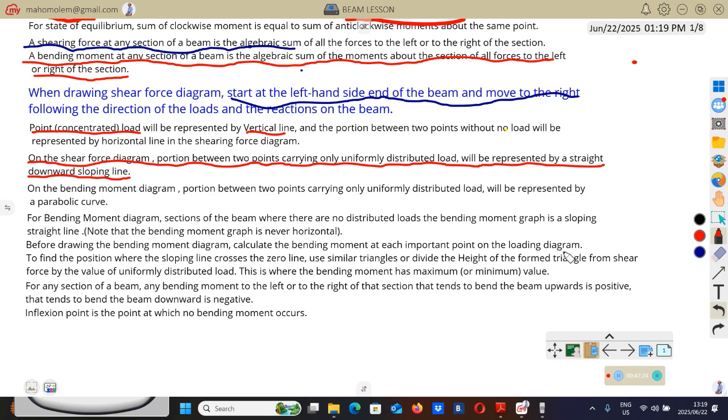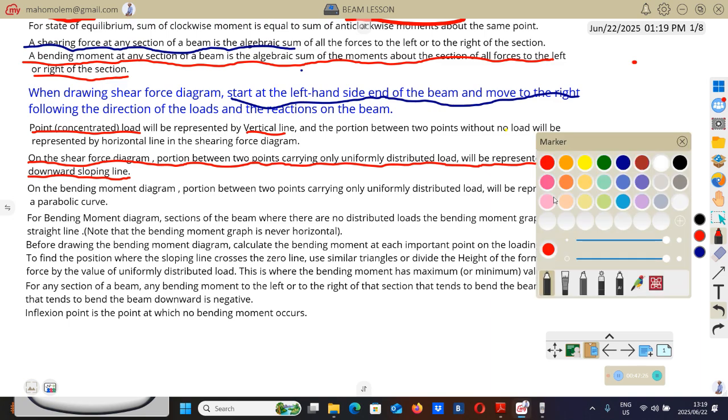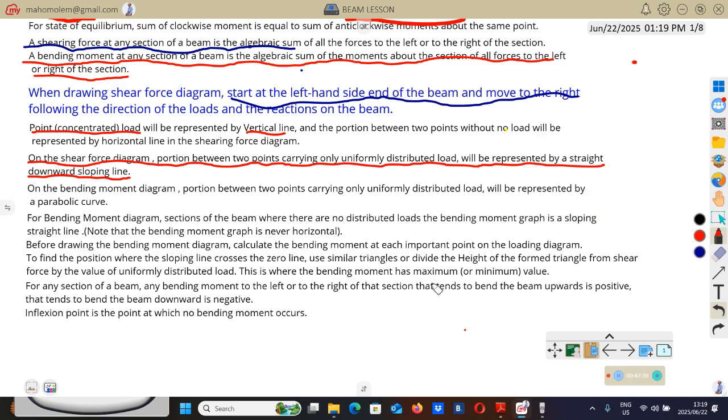Right, as you can see from my notes, the force that tends to bend the beam downward will be negative, and the one that tends to bend it upward will be positive.